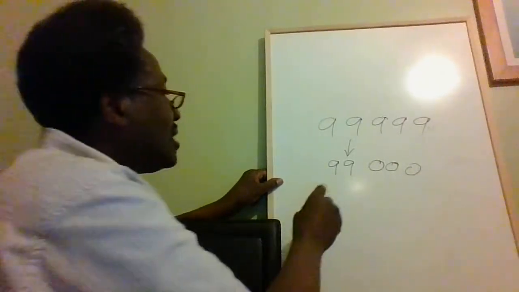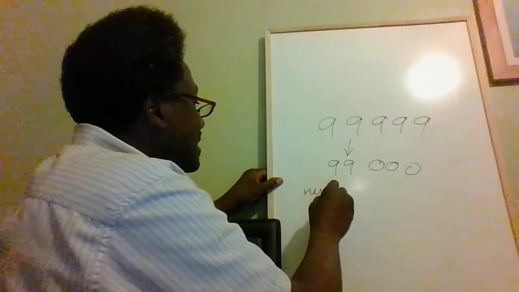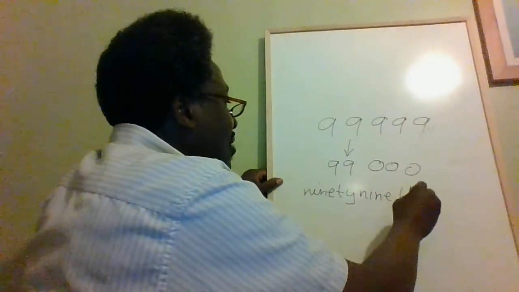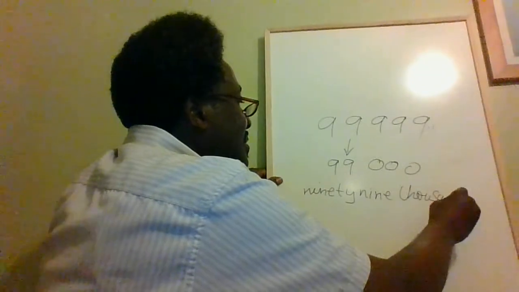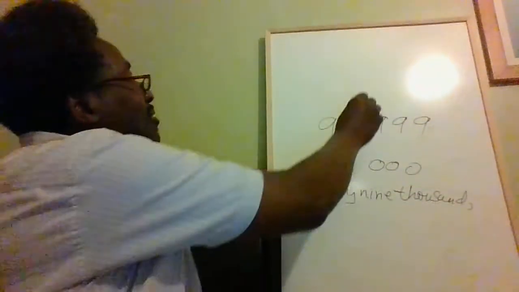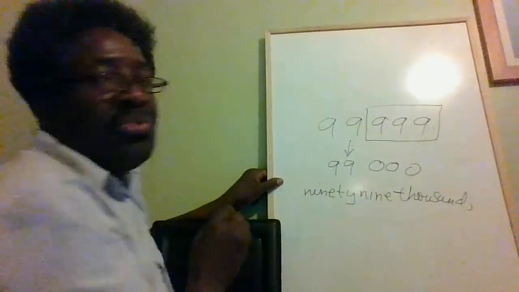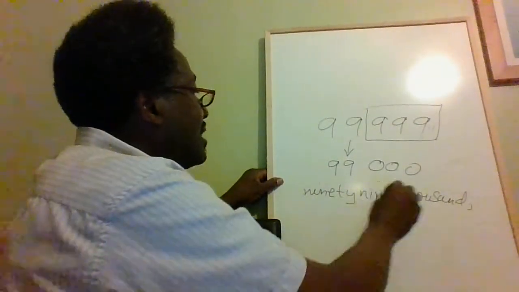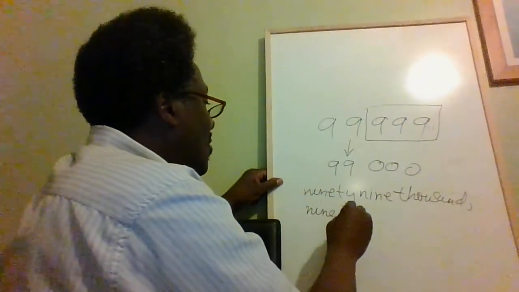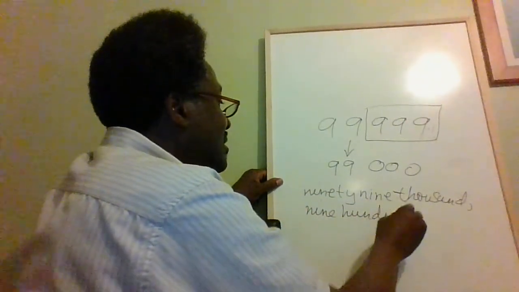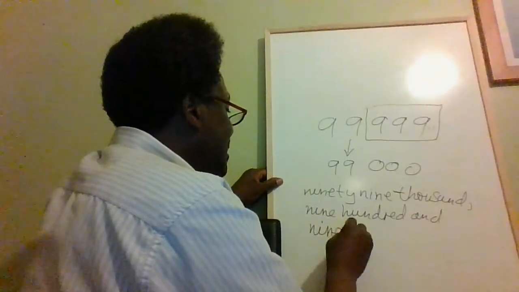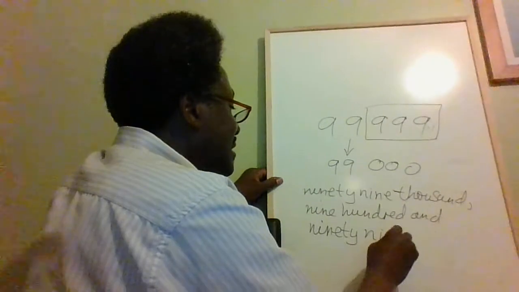So you say 99,000, comma, and then you now say those last 3 digits in words. 99,999.